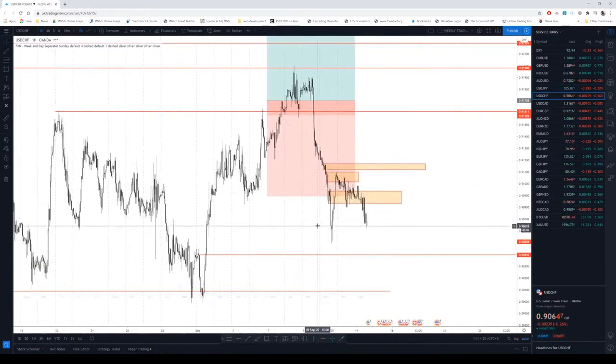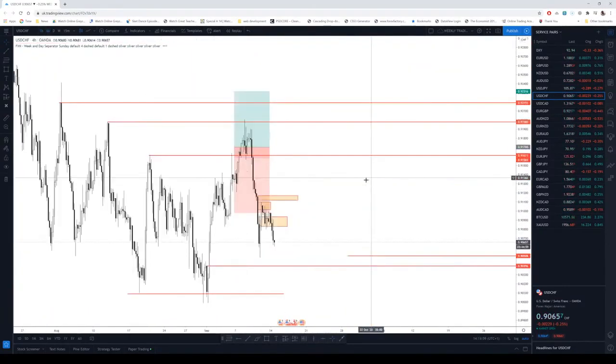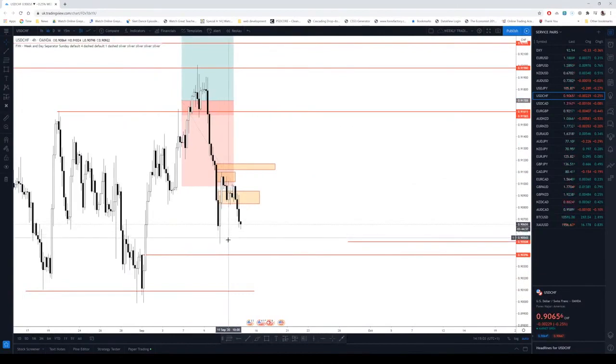Dollar Swiss, I did mention that this low looks like a trap. The fact that they couldn't get to the level that I was looking for, it looked like a trap. So maybe they're gonna come back down, sweep this low, and then send it up. So the level that I'm interested in is down here. That's the down candle I'm interested in. So they could set this, or this could be a trap.